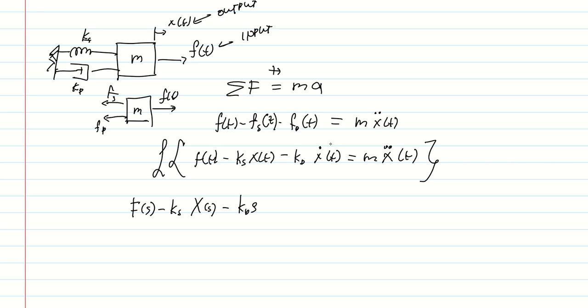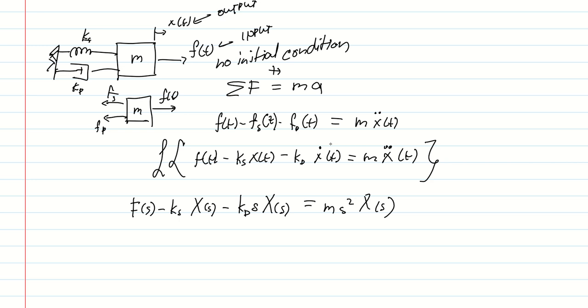Again, we assume there's no initial condition. So this will be kd times s times the displacement in S domain. Then this is equal to the mass multiplied by the second derivative; the Laplace of the second derivative will be s squared times X. Remember, X is our output, and the input is F of s.